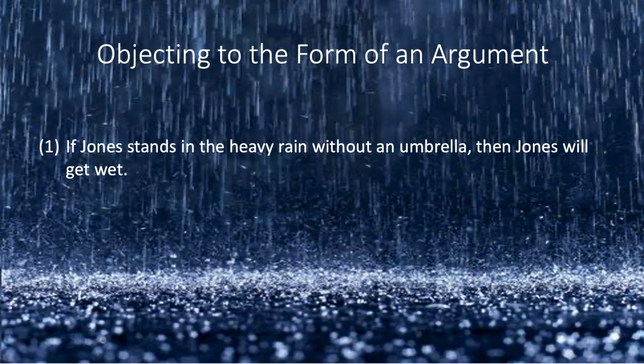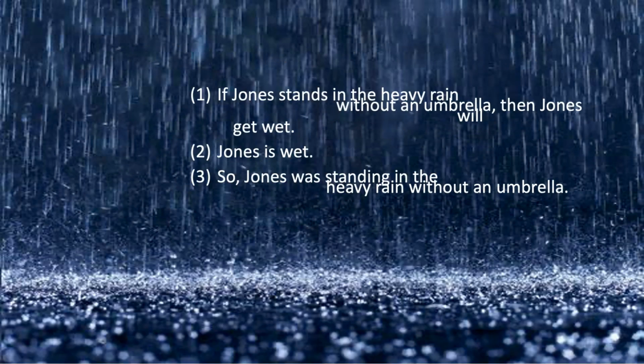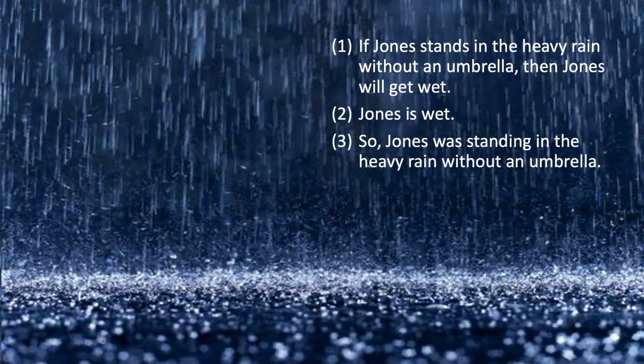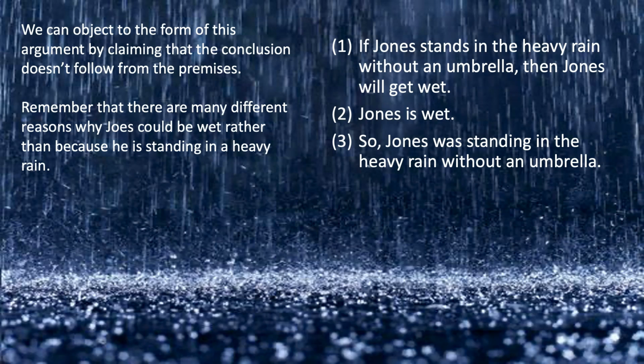All right, so let's look at the argument again when we're objecting to the form of it. If Jones stands in the heavy rain without an umbrella, then Jones will get wet. Jones is wet, so Jones was standing in the heavy rain without an umbrella. What does it mean to object to the form of an argument? Well, we can object to the form of this argument by claiming that the conclusion doesn't follow from the premises.